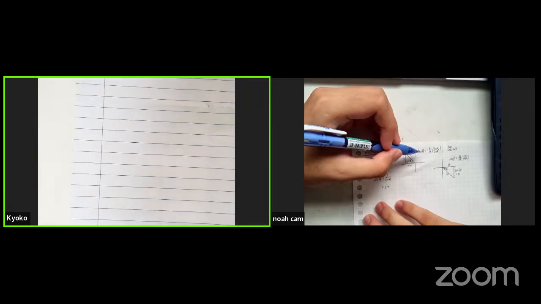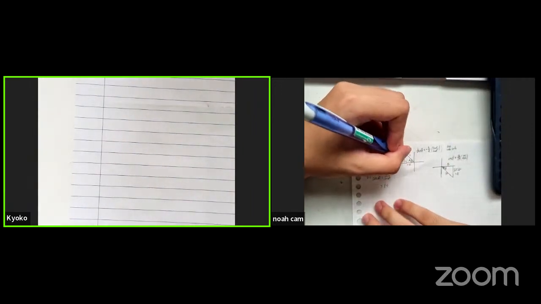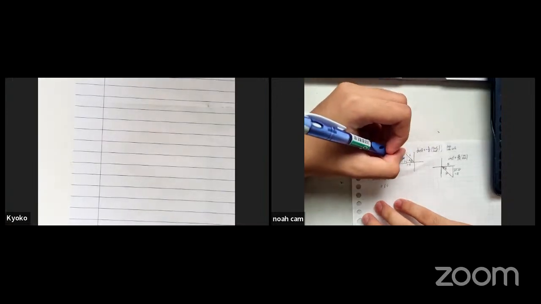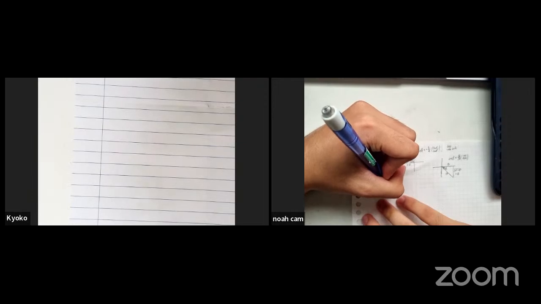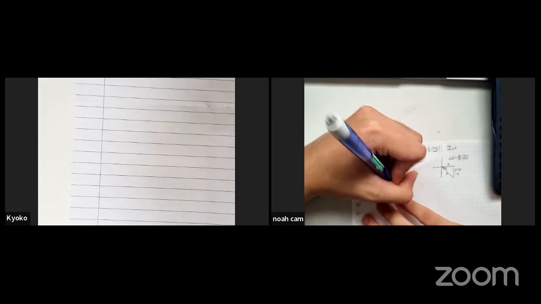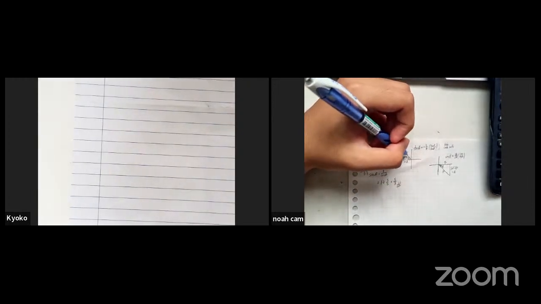Sine A plus B equals sine A cosine B, plus cosine A sine B. Now, you go back to page 2, where I put the formula for our use. Very clearly, I will need this guy, I will need this guy also, correct?